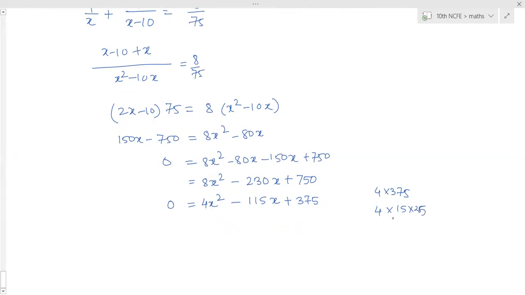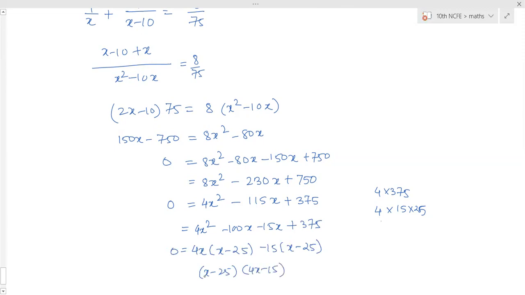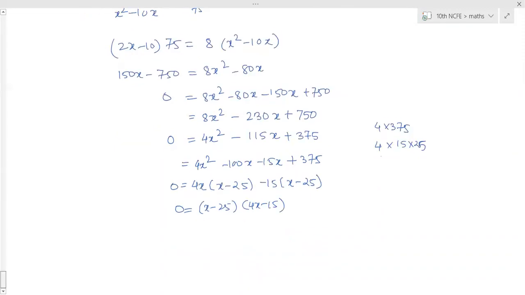So the 115 is needed: 100 and 15. 4x square minus 100x minus 15x plus 375. 4x into bracket x minus 25 minus 15 into bracket x minus 25 is equal to 0. X minus 25 into 4x minus 15 is equal to 0.